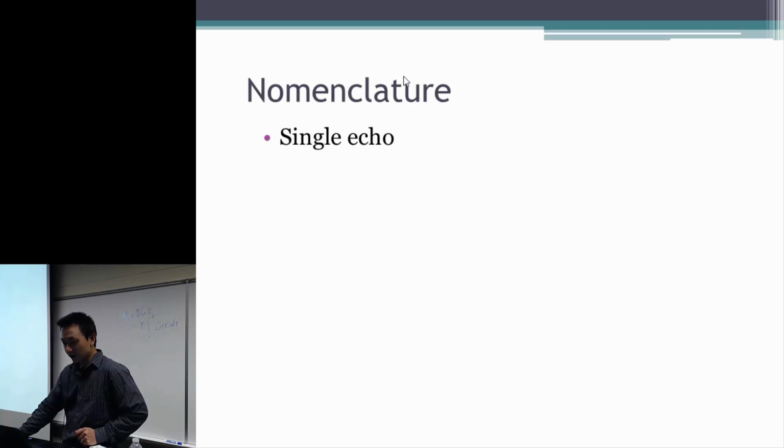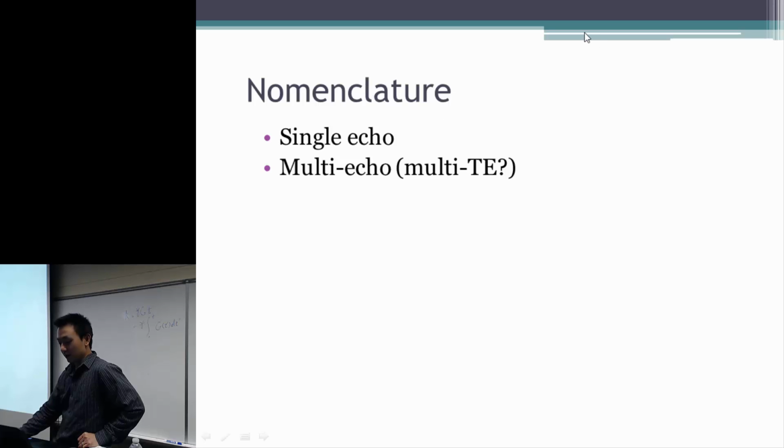So before we go on, there is some nomenclature we need to clarify. For the single echo, we collect only one echo, or one k-space line, for each excitation RF pulse. That's very simple.